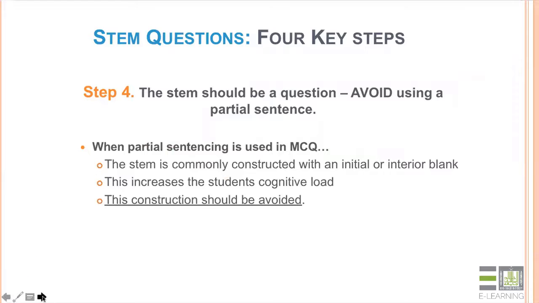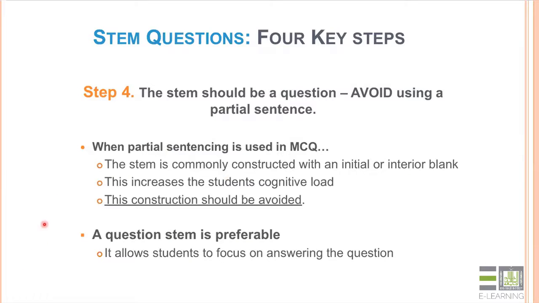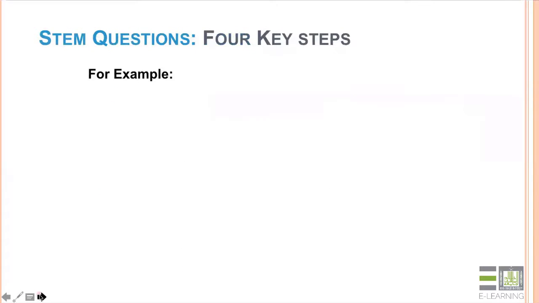The better way of constructing your STEM questions is to write the whole question fully, so that students can then focus on answering the question at hand and not worrying about the partial sentence. And I've got an example here in this next slide.